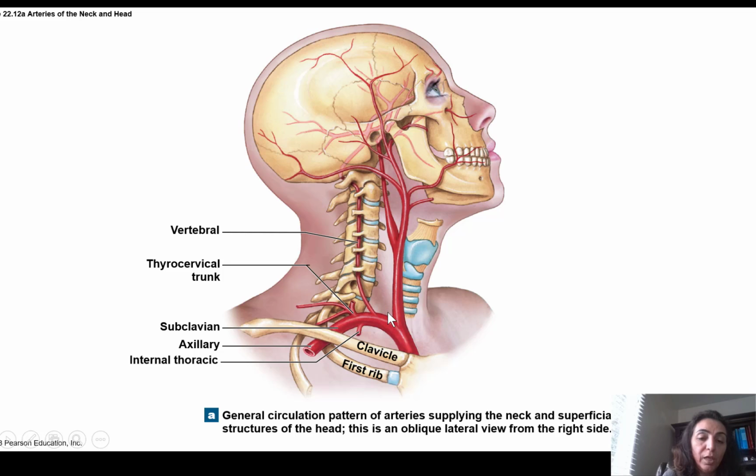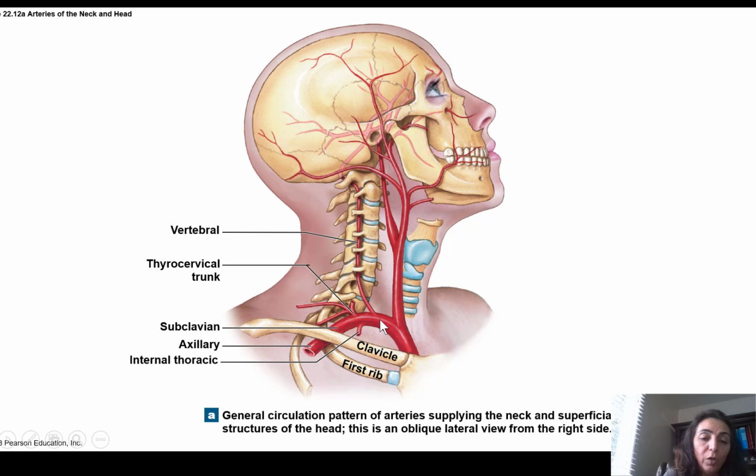And besides that, at the beginning of the subclavian artery on each side, as shown on this side, you have the vertebral artery going along the side of the cervical vertebrae, all the way up, and then entering the brain and taking part in the circulation of the posterior side of the brain.